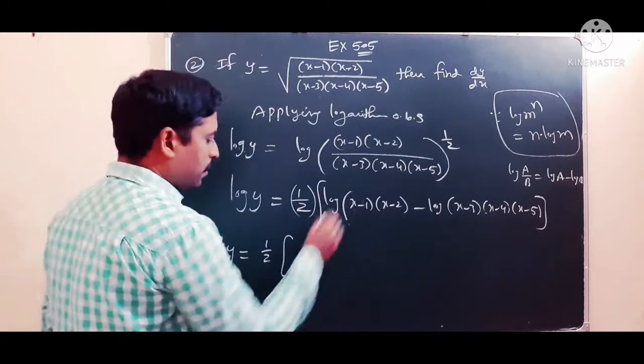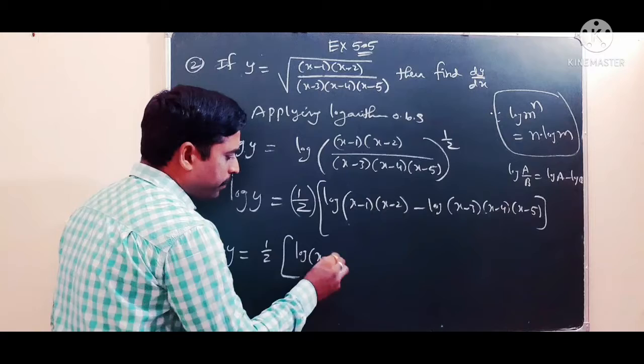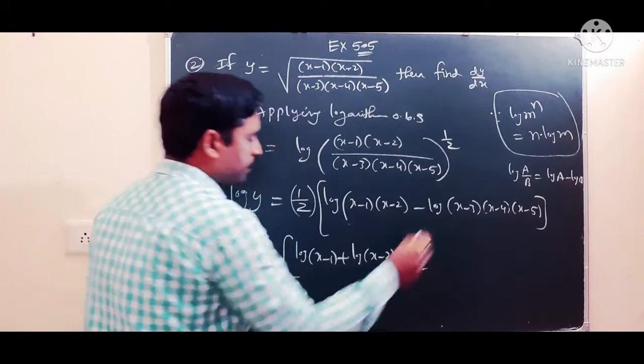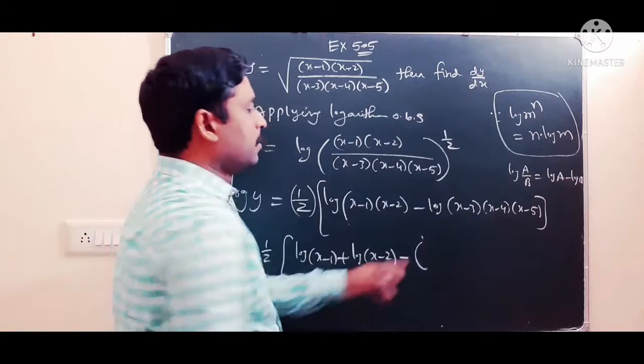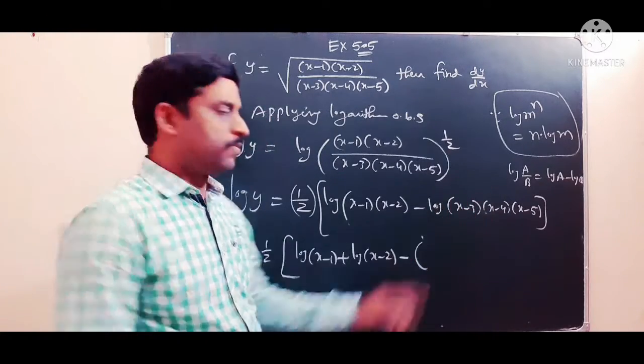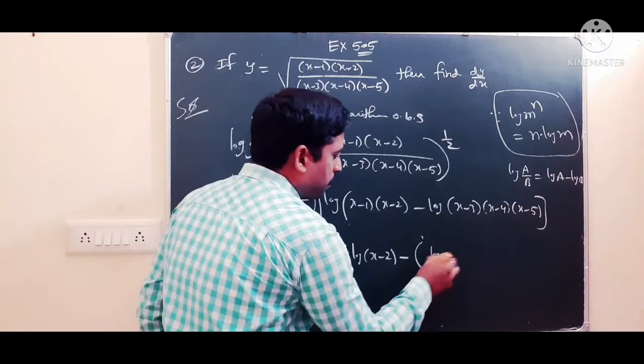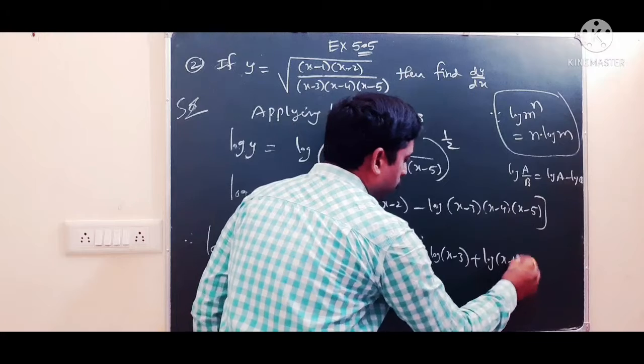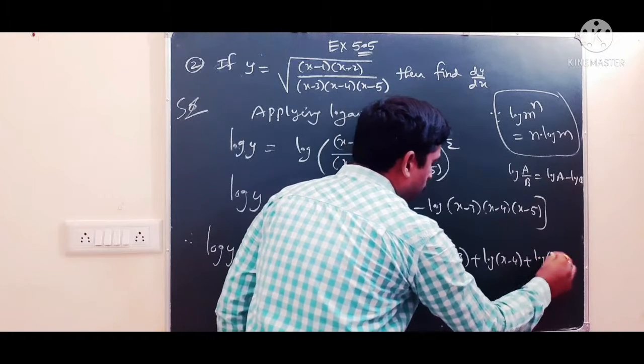So log (x minus 1) plus log (x minus 2) minus of log (x minus 3) plus log (x minus 4) plus log (x minus 5).